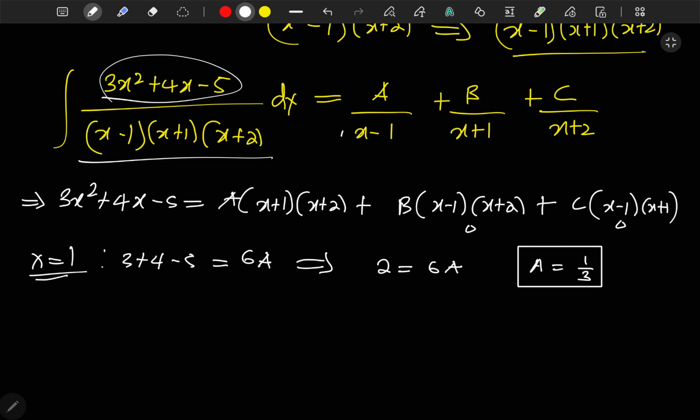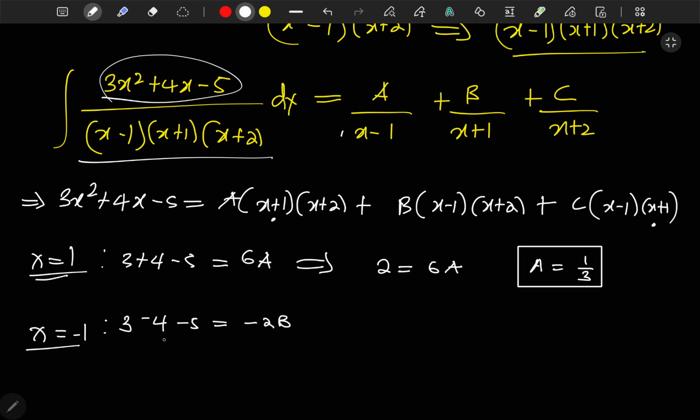Let's find B. We set x equal to negative 1. If you set this factor equal to 0, x will be equal to negative 1. So if you put negative 1 here, it becomes 3. Put negative 1, that becomes negative 4 minus 5. Where there is x plus 1, you get 0, so you remove those. Negative 1 minus 1 gives negative 2. Negative 1 plus 2 gives 1. So eventually you get negative 2B.